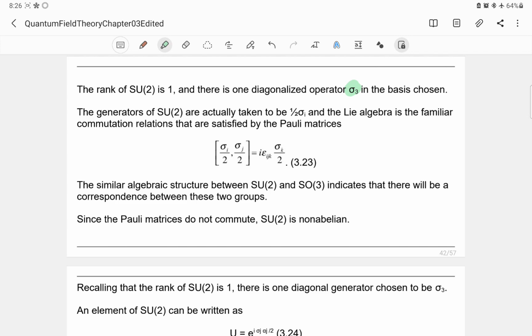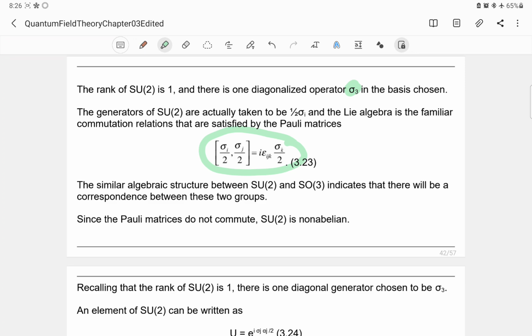The generators of SU2 are actually taken to be 1/2 sigma i, and the Lie algebra is the familiar commutation relation that is satisfied by the Pauli matrices. We will just assume that there's a 1/2 there, but we will explain later on why there is 1/2.